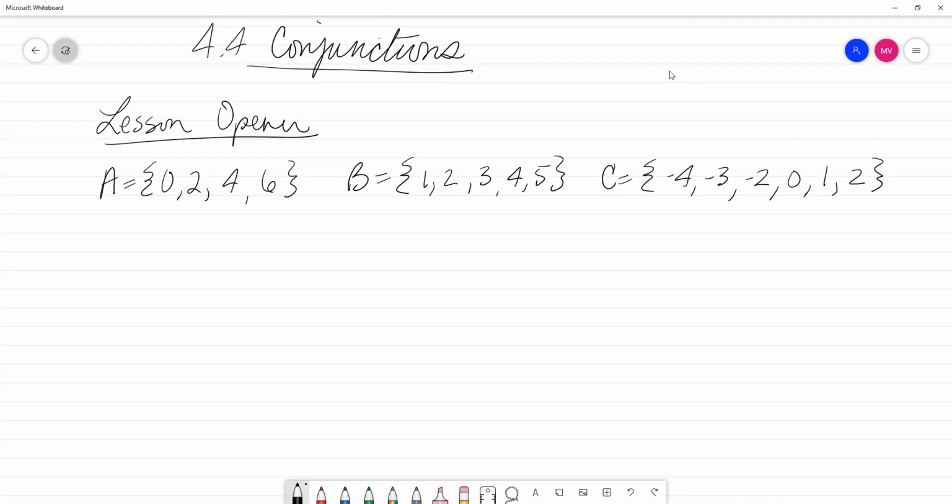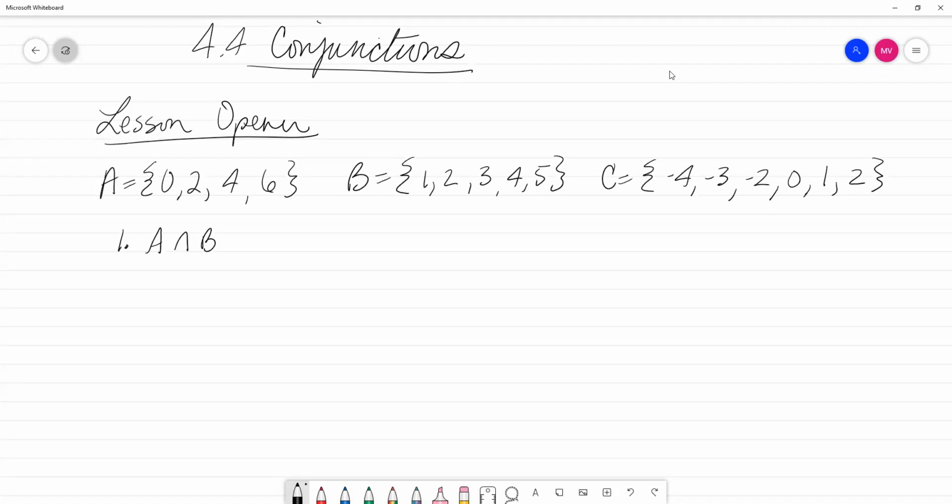If I asked you, what is the union, or sorry, the intersection between set A and set B? What does intersection mean with sets? Y'all remember this from chapter 1? No. I know you weren't here. Remember we had intersections and we had unions.